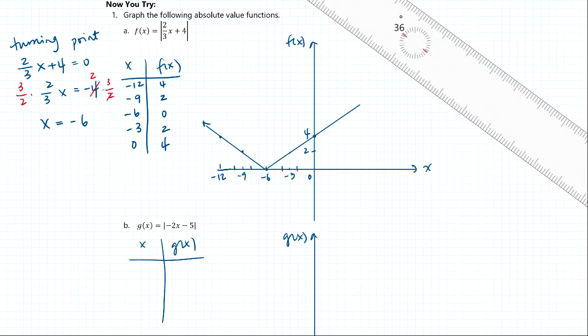You can see that we will get a mirror image along this axis of symmetry for our function graph in this case.